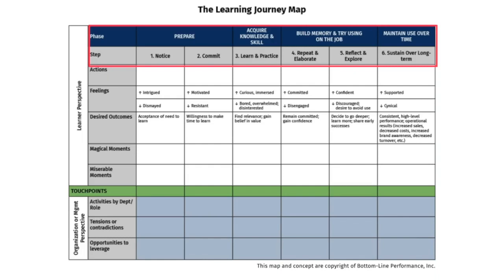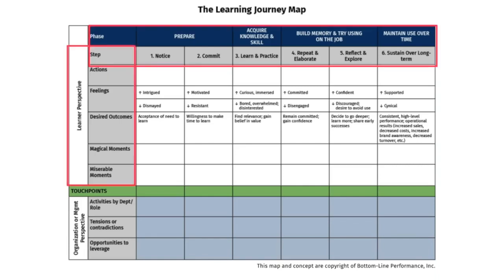And that journey begins with preparation and the notice and commit steps. It goes to acquiring knowledge and skill, moves from there to building memory and trying to use it on the job. And it doesn't end until you can maintain use over time and sustain it over the long term.